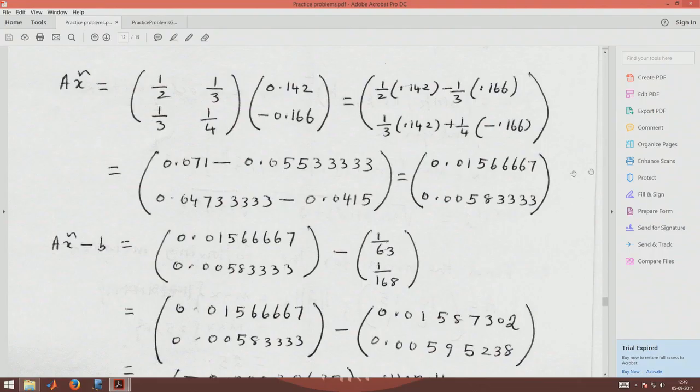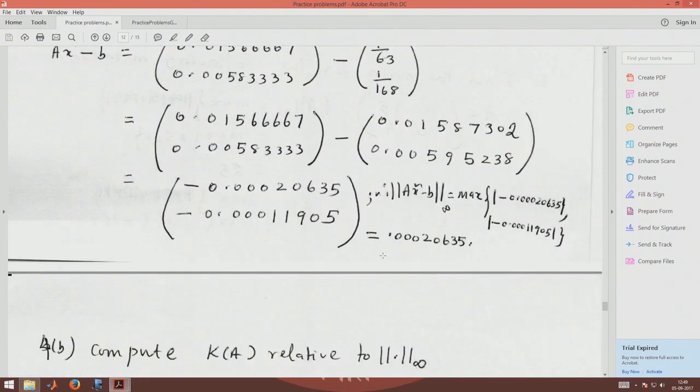So, you computed Ax tilde as this, so that vector minus you know what the right hand side vector is. So, substitute that and then evaluate what is the difference and compute norm Ax tilde minus b, that is the maximum of the absolute values of the entries that you have written here and that turns out to be 0.0020635.